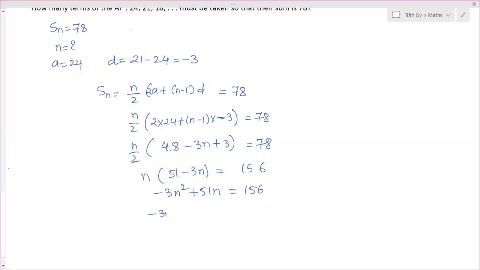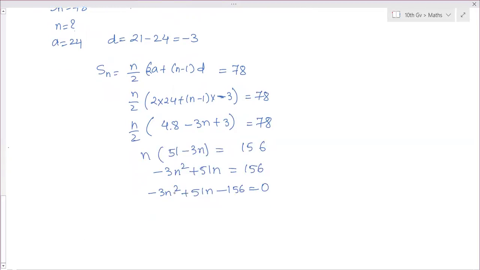So minus 3n square plus 51n minus 156 is equal to 0. Change all the signs because n square is negative. This is 3n square minus 51n plus 156 is equal to 0.